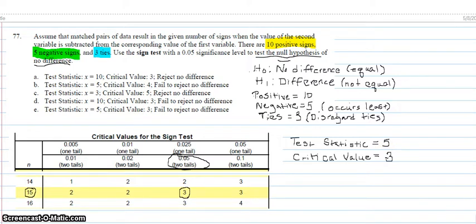All right. Since 10, which is your positive amount of signs, is greater than 3, we are going to fail to reject H0. So let's write that down.